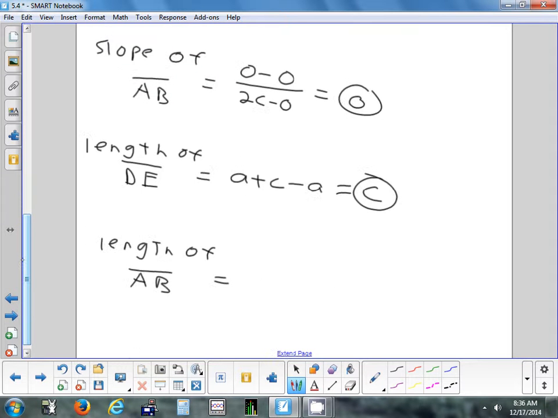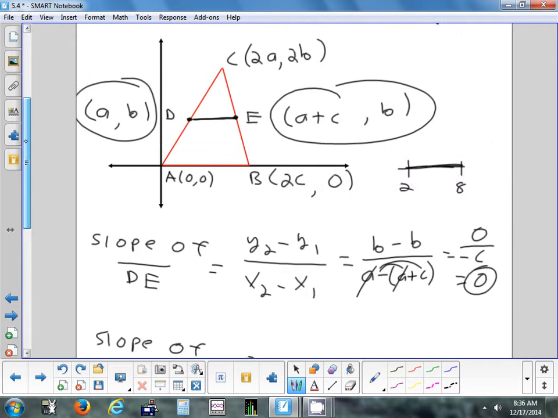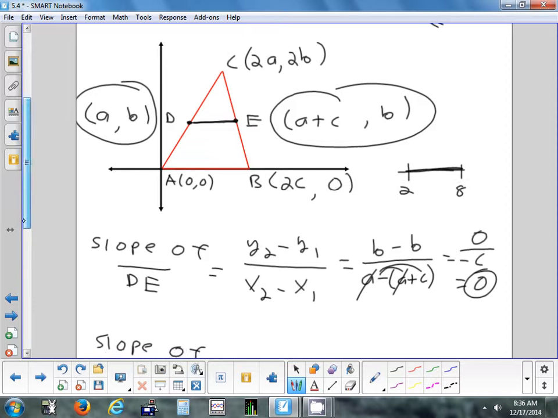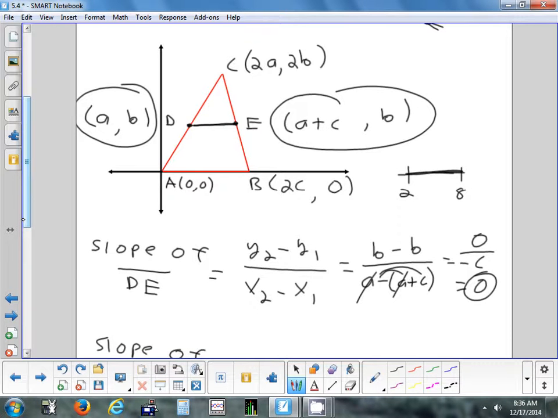If I didn't want to write length of, I could just write this. That'd be quicker. And then write my answer. So on segment AB, where do I end up at for an x value? Luke? So on what point? What do we end up at for an x value on segment AB?